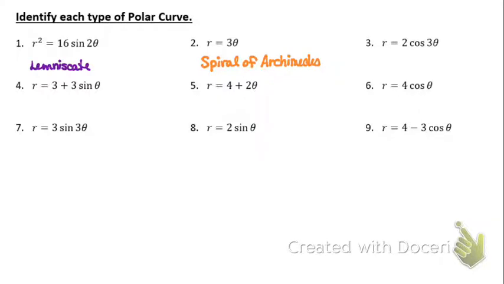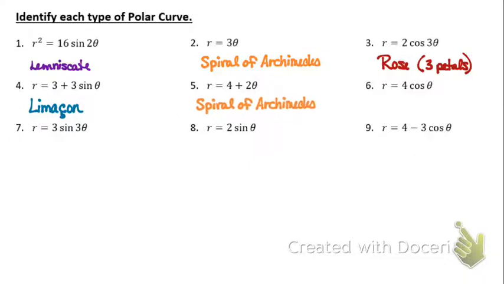Spiral of Archimedes. What about number 3? This is a rose. How many petals does this rose have? 3 petals. What is number 4? Limaçon. This is a limaçon.